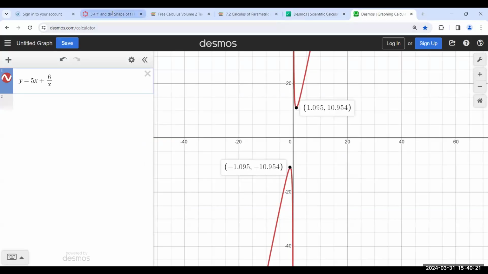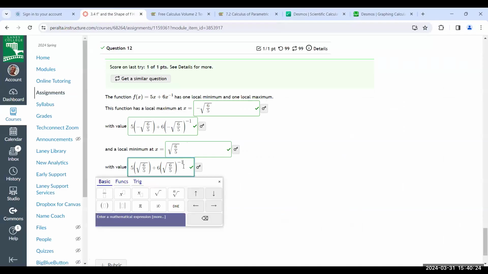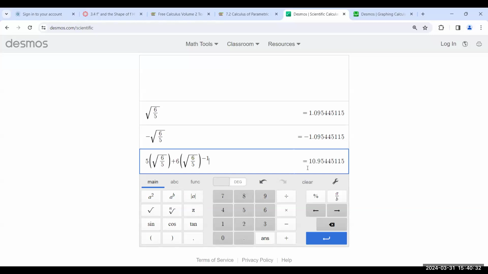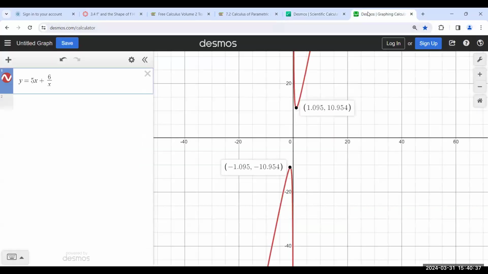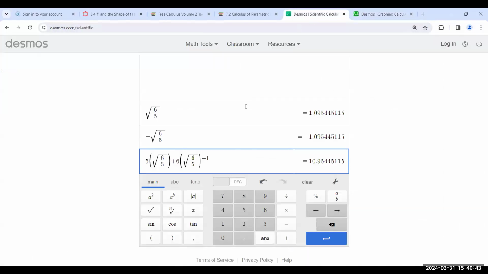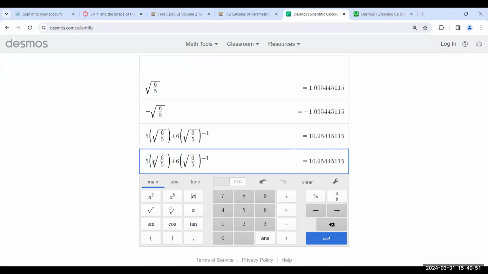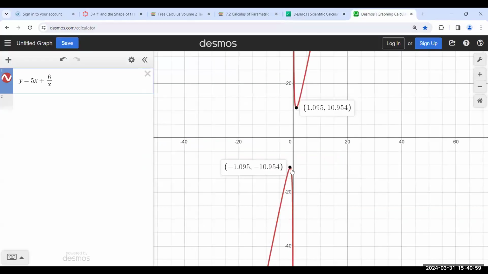And then if I use the function, I get these other numbers. Plugging in the positive root 6 over 5, I get 10.954. And then if I plug in the negative, I get negative 10.954.